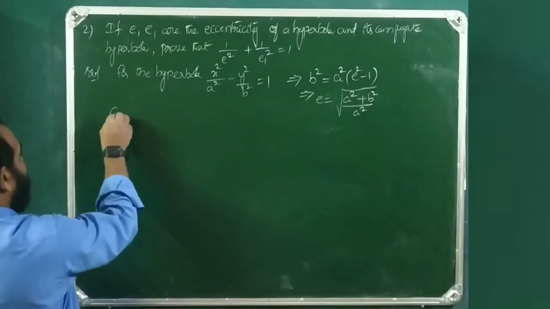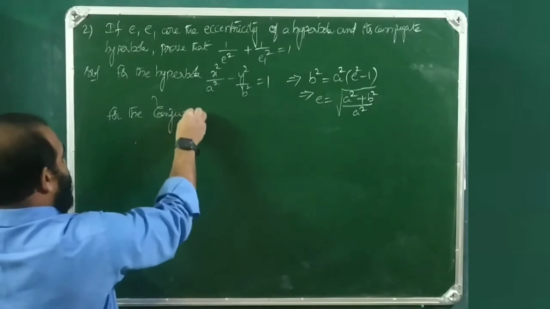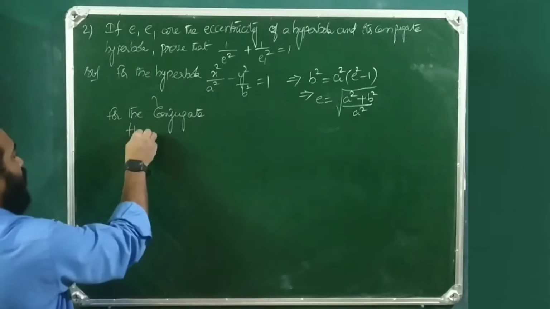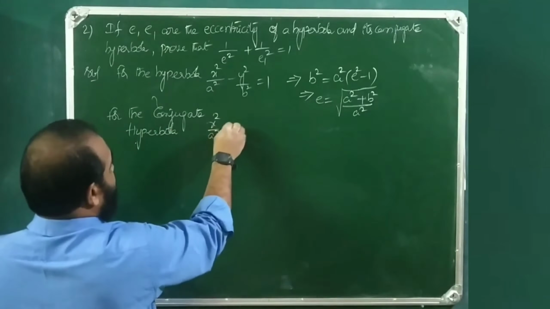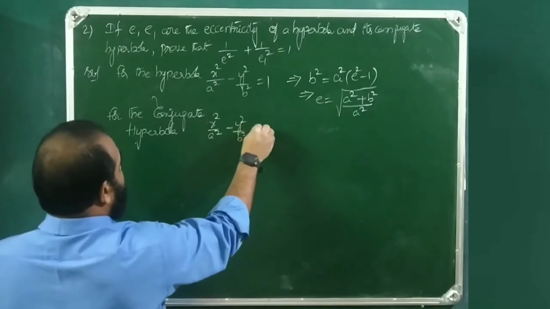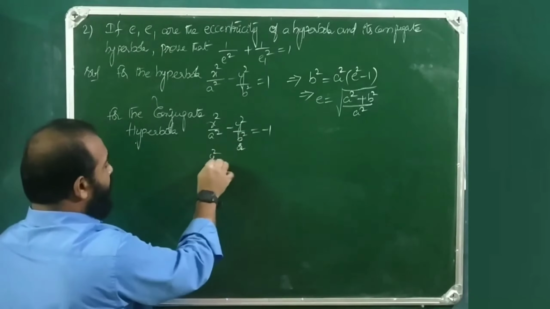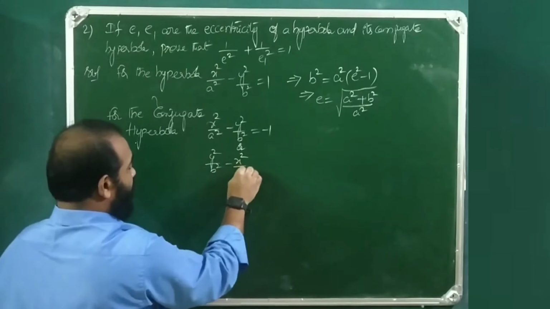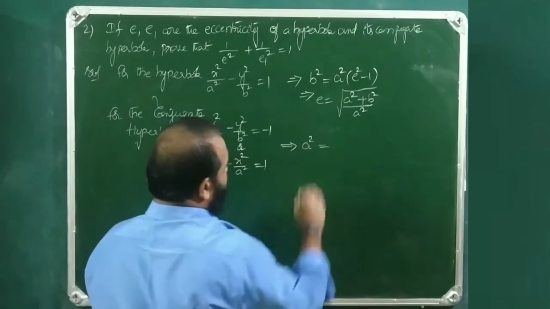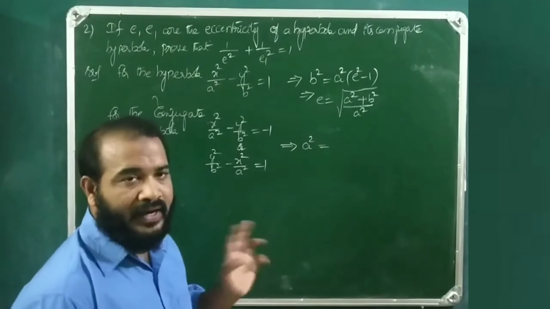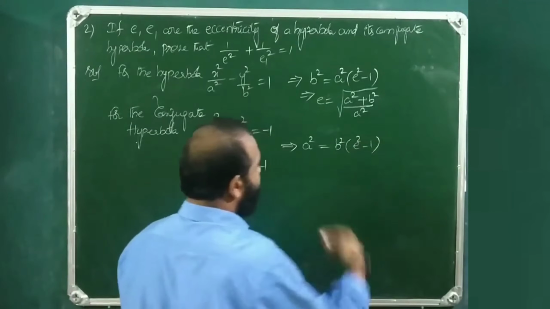Now, for the conjugate hyperbola x square by a square minus y square by b square equals minus 1, or y square by b square minus x square by a square equals 1, the relation among a, b and e is a square equals b square into e square minus 1.